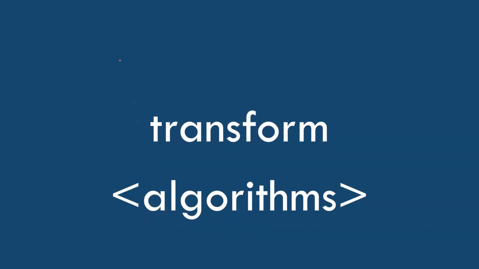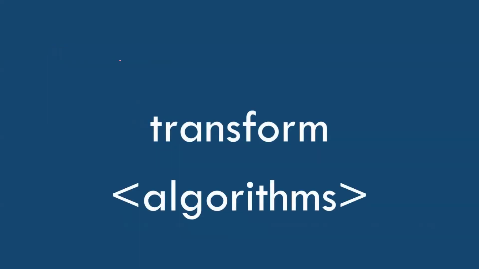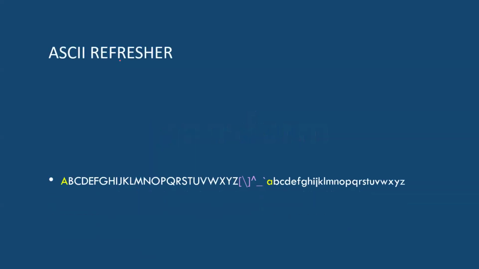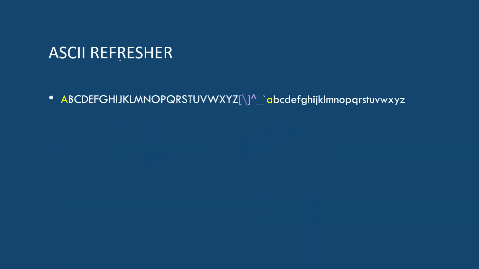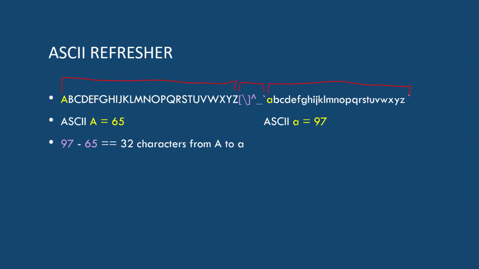Here's another one. Transform is a little more powerful, but maybe a little more confusing. Let's dig in a little. Remember that our ASCII code has large capital letters, a couple of annoying special characters, and then our lowercase letters. It seems like they didn't even think about this when they put the ASCII table together. The difference between these is 32.